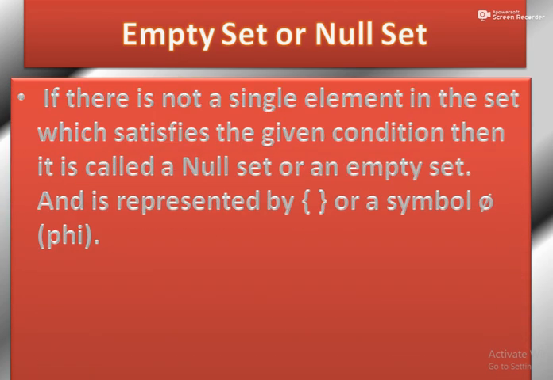Let us see the next one, that is empty set or null set. Empty set means if there is not a single element in the set which satisfies the given condition, then it is called a null set or an empty set.